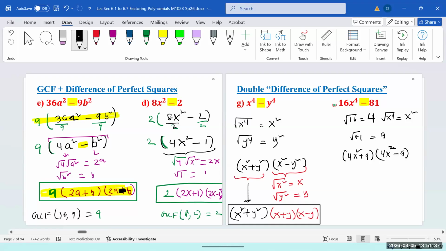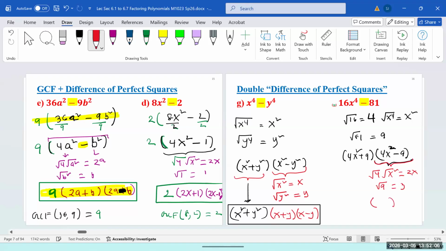Now what do you observe here? 4 is a perfect square, 9 is a perfect square, x squared is a perfect square, and you have a minus between them. So the second one is more factorable because we have difference of perfect squares. It is the square root of 4 times the square root of x squared: 2x. What is the square root of 9? 3.